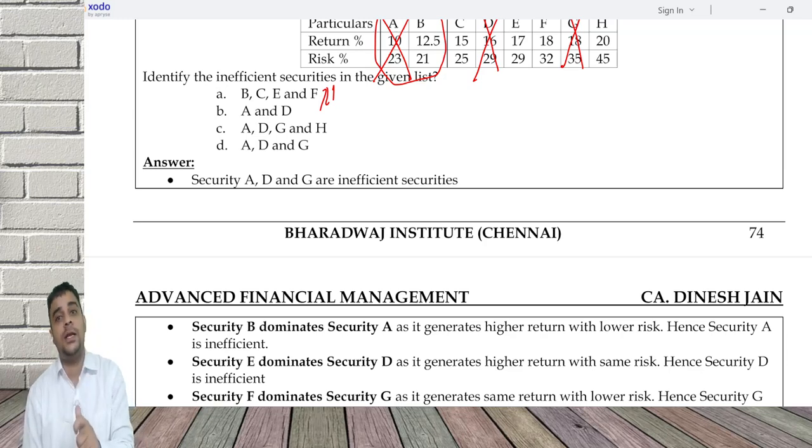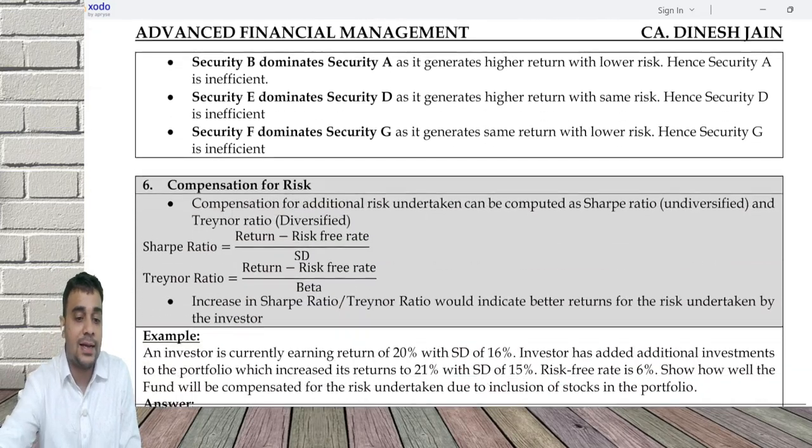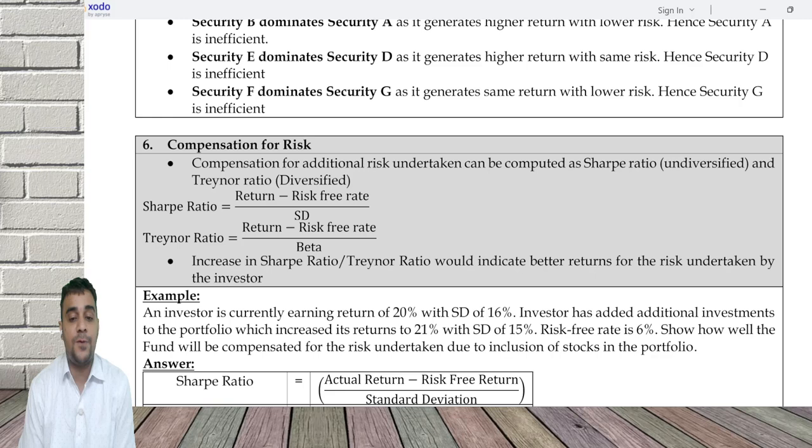And if there is an improvement in Sharpe ratio, it means your excess return as a ratio of the risk is going up. And if it's a diversified portfolio, calculate tradeoff ratio. Compensation for additional risk undertaken can be computed as Sharpe ratio, which is undiversified, or tradeoff ratio, which is diversified. Increase means Sharpe going up, indicating better returns for the risk undertaken by the investor.